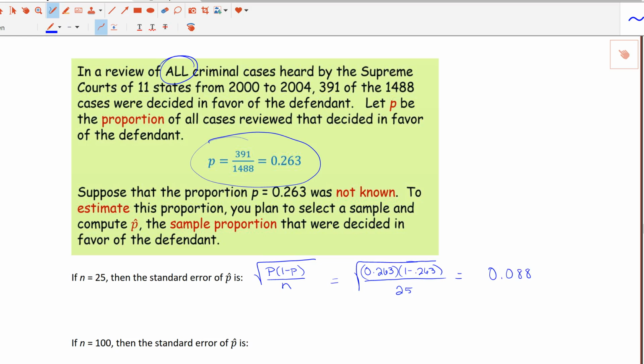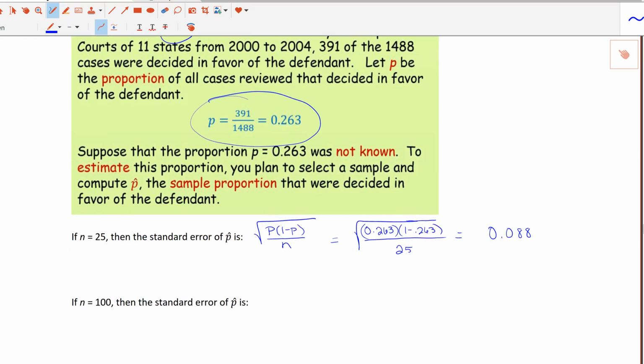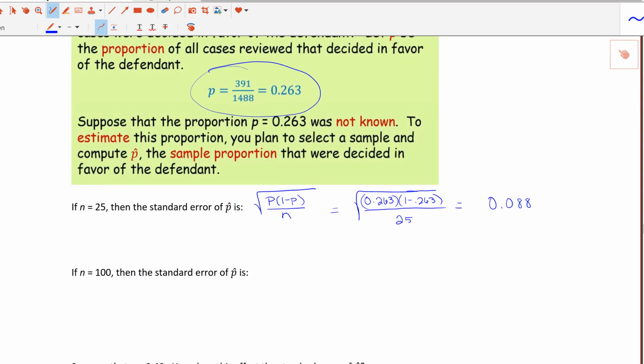8.8%. Okay. Now, what would happen if instead of taking a sample size of 25, we increased the sample size to 100? Well, the standard error is still the standard deviation of the sampling distribution, which is still going to be P times 1 minus P over n. And we take the square root of that. But this time, the only thing that's going to change is that denominator.